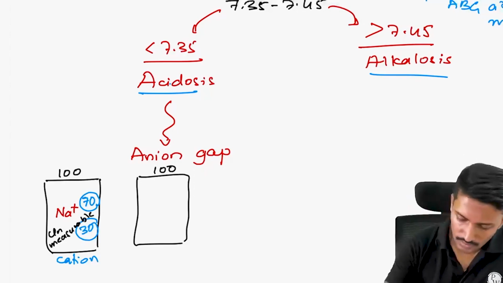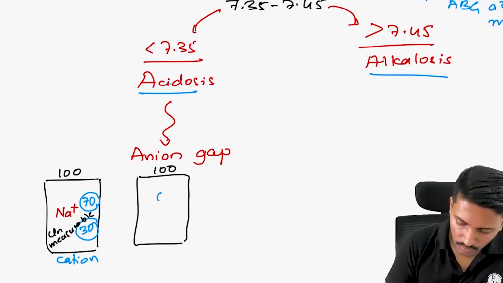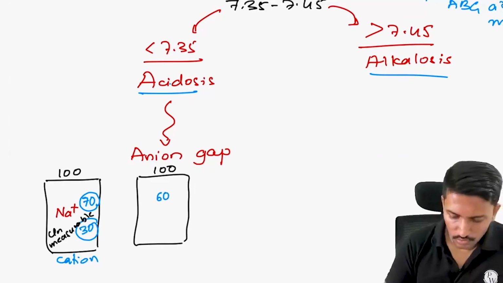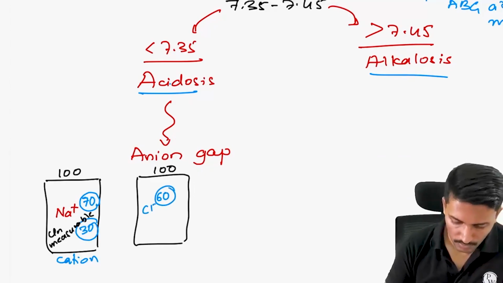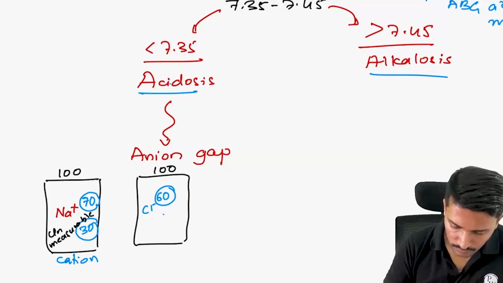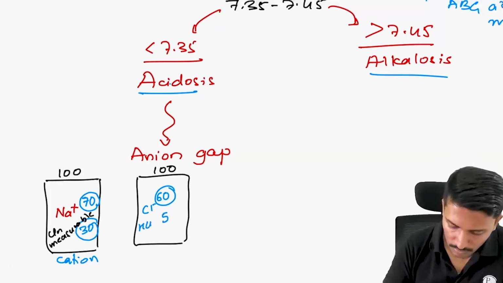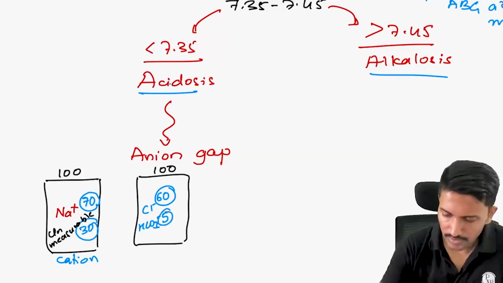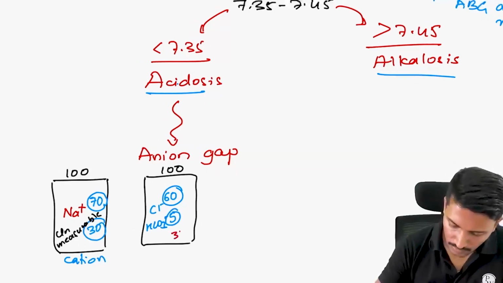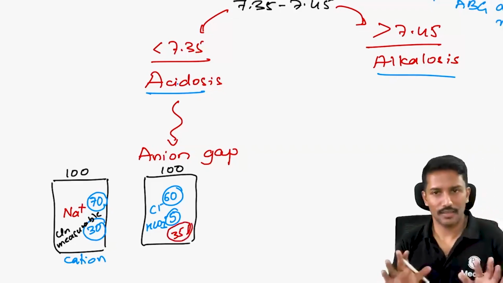Among the anions, let me say around 60 are chloride molecules, and around 5 anions, again a hypothetical number, are bicarbonate ions. So in that case, here I have 35 molecules which are unmeasurable, right?